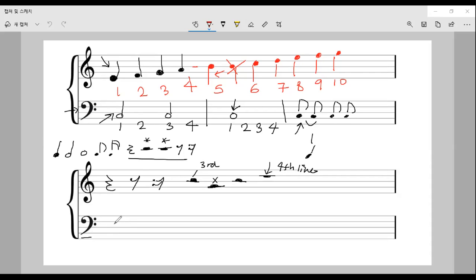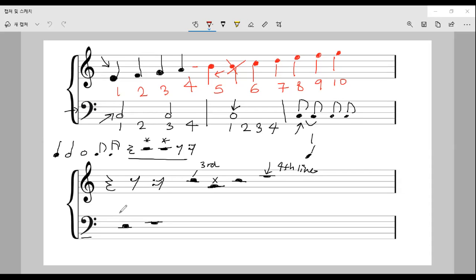Same with the bass clef, the bass staff here: half rest, whole rest. If you look at your textbook, I'm not sure what page number, there are worksheets that tell you where you're supposed to put your rests on the staff.